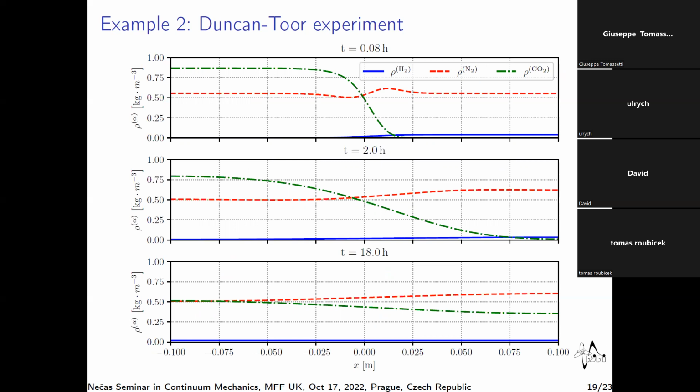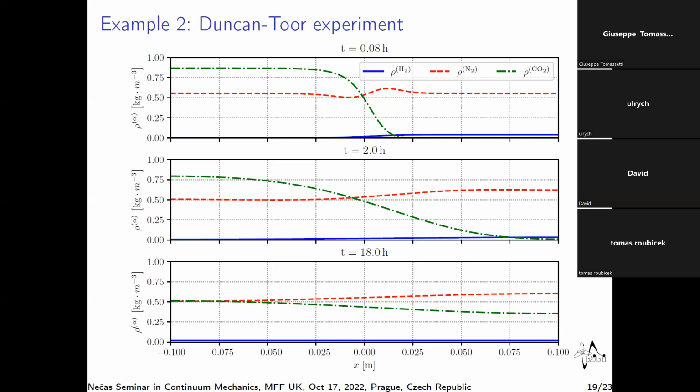So this is our simulation. Here we have these densities of different components as a function of position at different times: after 0.08 hours, this is after 2 hours, this is after 18 hours. And we can see from the very beginning that CO2 is spreading into hydrogen.